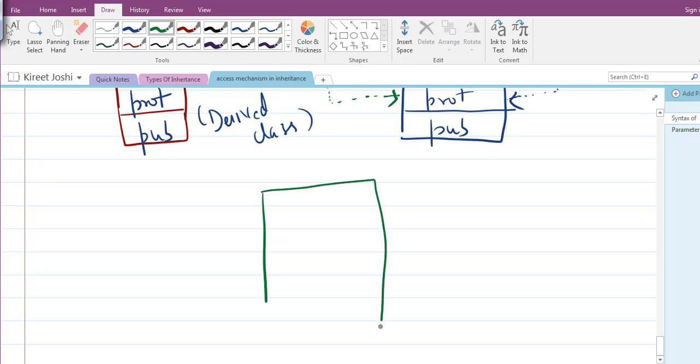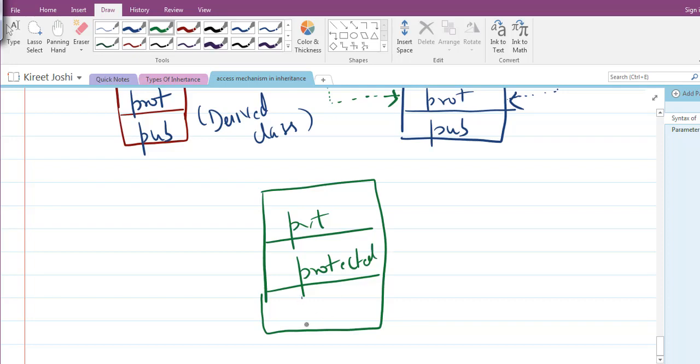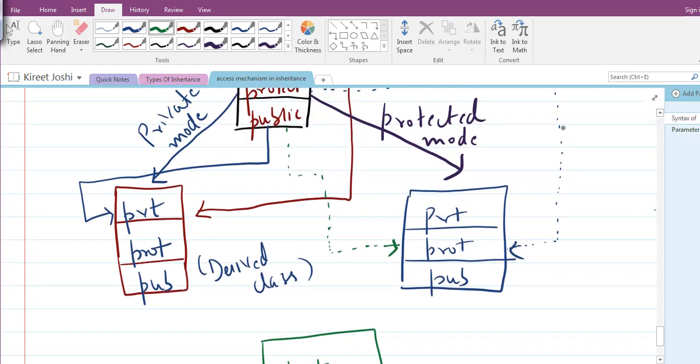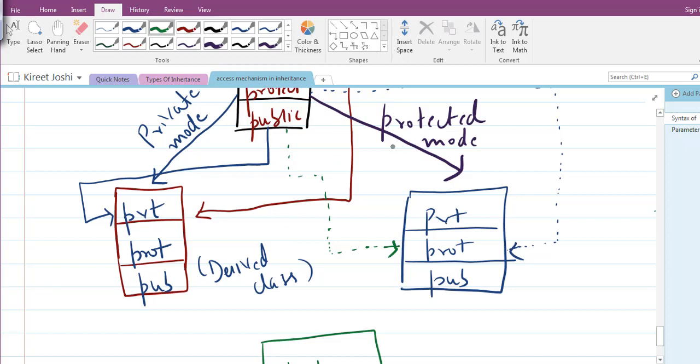And the third and very important is if the visibility mode is public. Here also there are private, protected, and public. I am just representing it with this particular line.